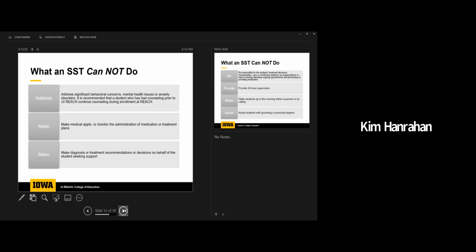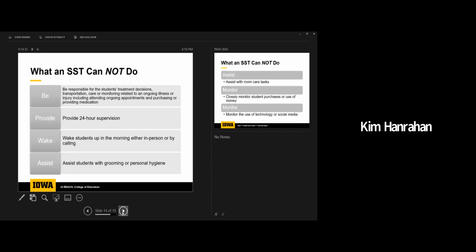It's hard to predict or determine how a student will respond to all the new expectations and responsibilities that come with being a first year student, so continuing that therapy throughout that time can be really beneficial. Again, we can't make medical appointments or monitor medication or treatment plans. We can't make diagnoses or treatment recommendations, or even decisions on behalf of the student seeking support.